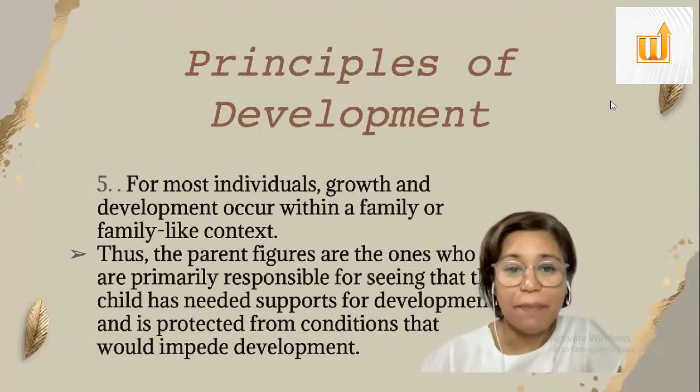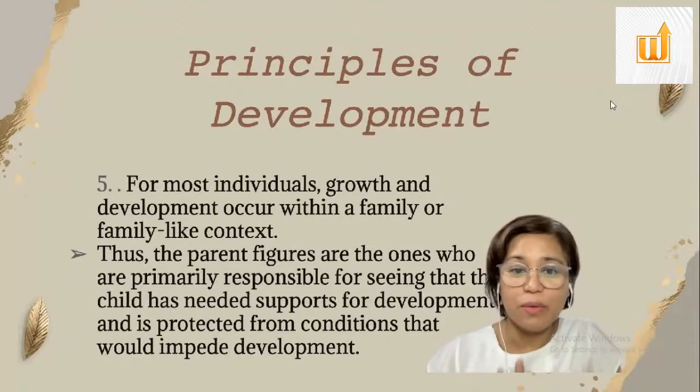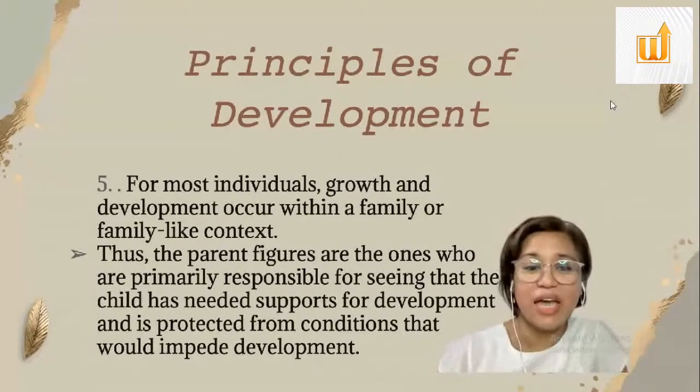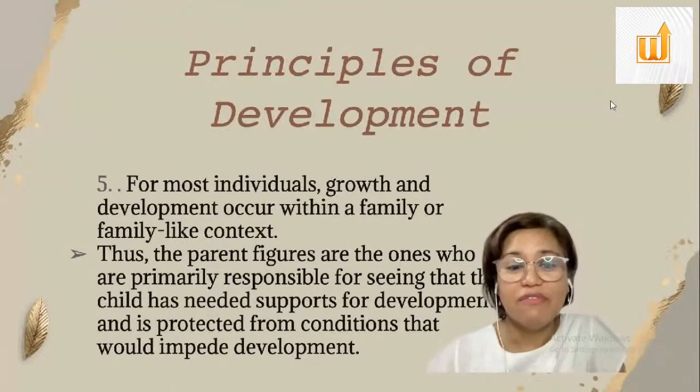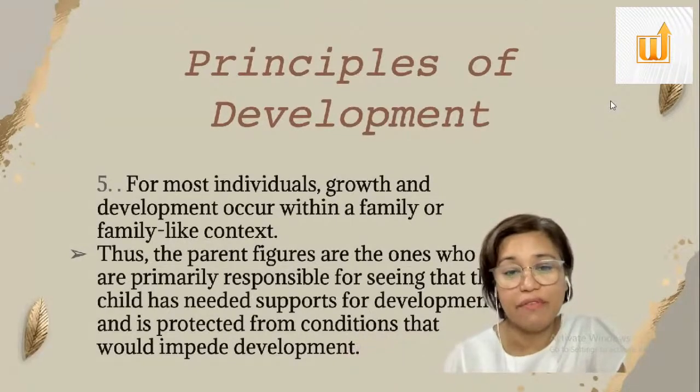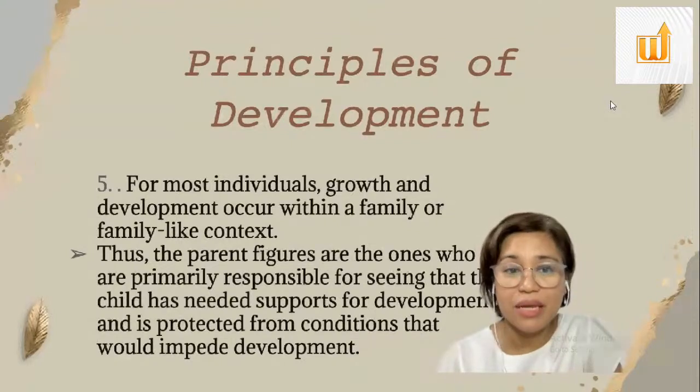Thus, the parent figures are the ones who are primarily responsible for seeing that the child has the needed support for development and is protected from conditions that would impede development. So our family is the first context of development.